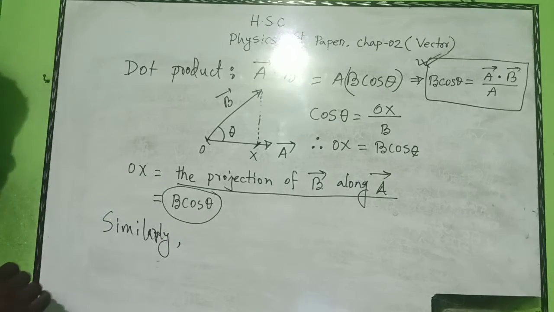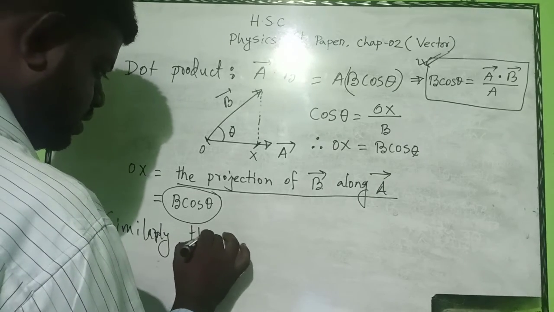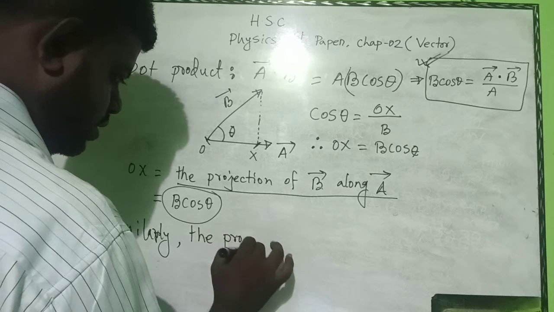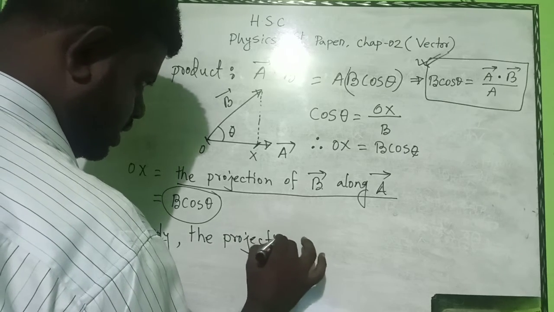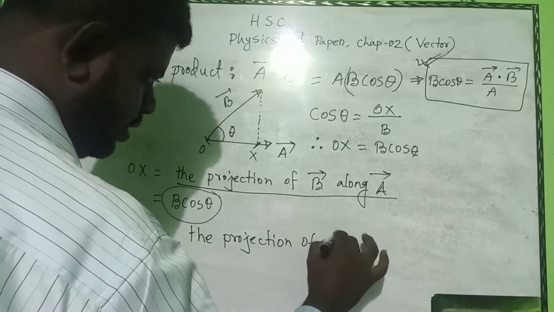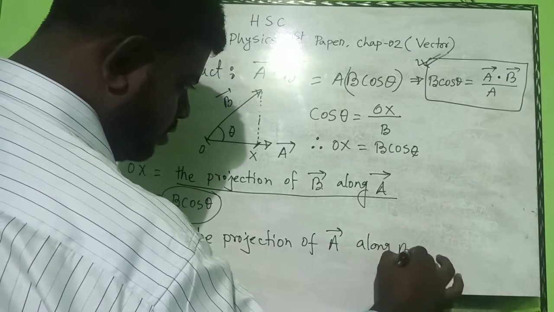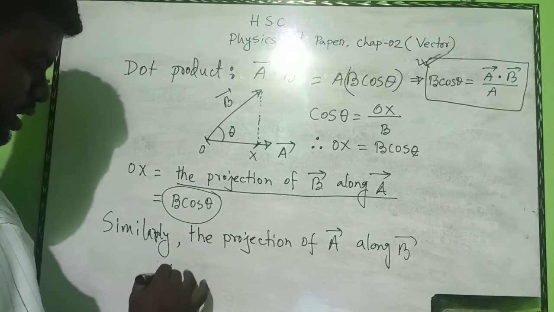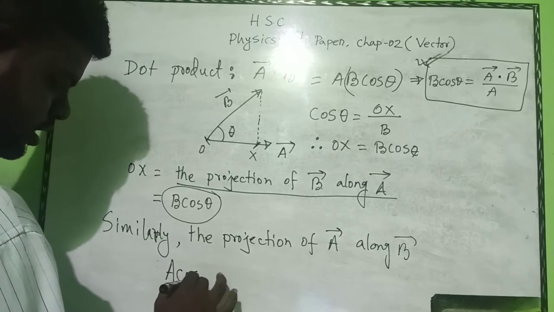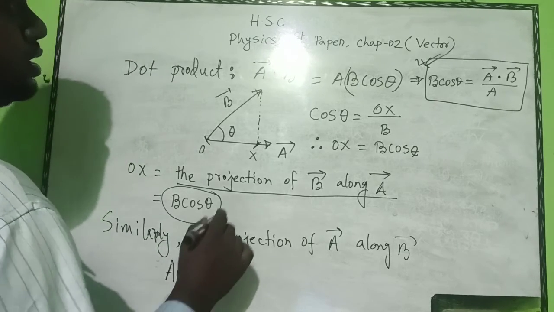what can you write? The projection of A along B. What will we calculate? Projection of A, that is, we will calculate A cos theta. This will be equal to what?